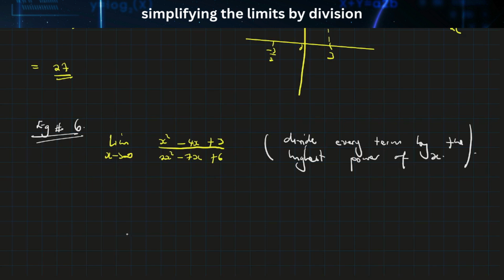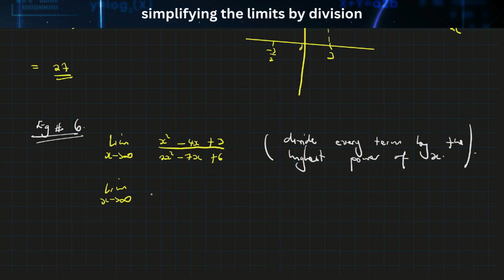Very good. Okay, it's fine, students. I will explain to you why we have to divide everything by the highest power of x. What I mean is, as the limit x is approaching positive infinity, the highest power of x is x squared. So I'm going to divide every term by x squared.